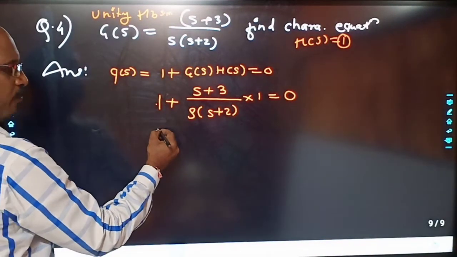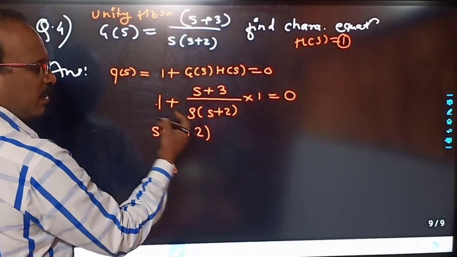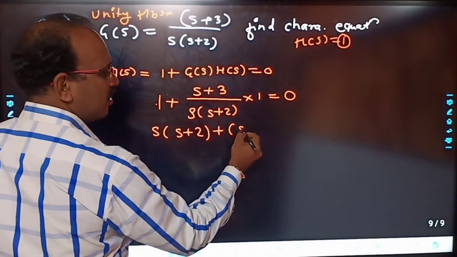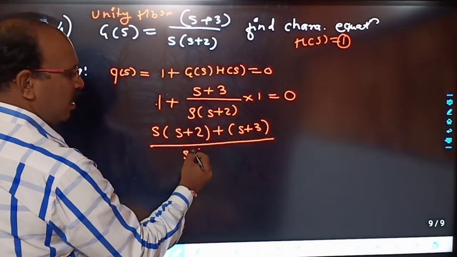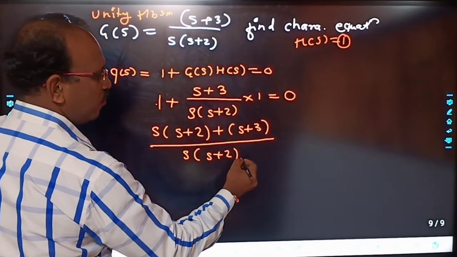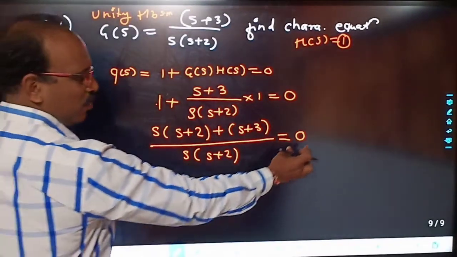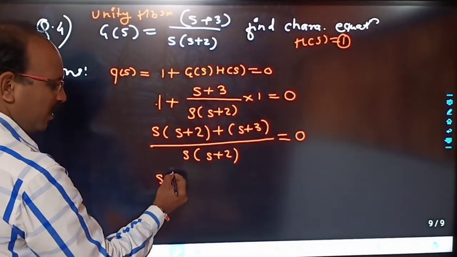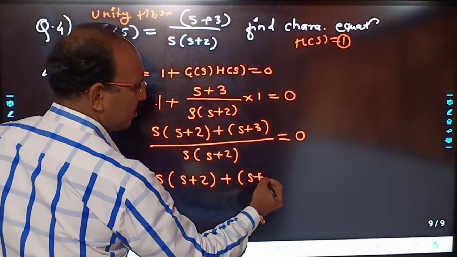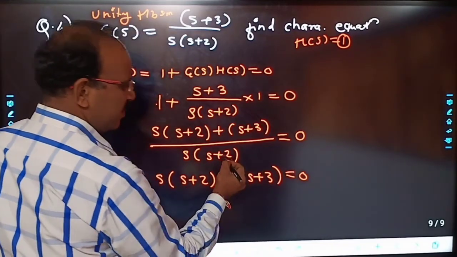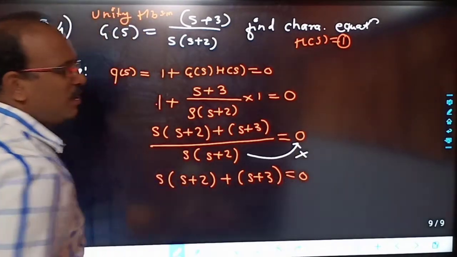Now take the LCM: s into s plus 2 plus s plus 3 upon s into s plus 2 equals 0. Multiplying by the denominator, the right side remains 0.